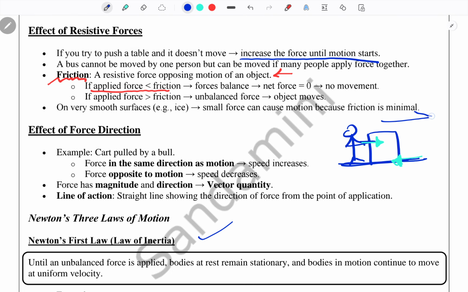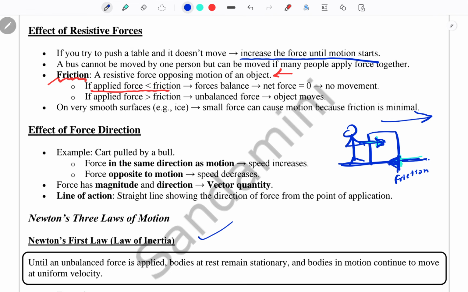You want to move this in this direction. That's why you are pushing it harder and harder. What happened from the floor to this box? It is giving this kind of resistive force which is called friction. That's why we cannot move any kind of object easily as we thought.